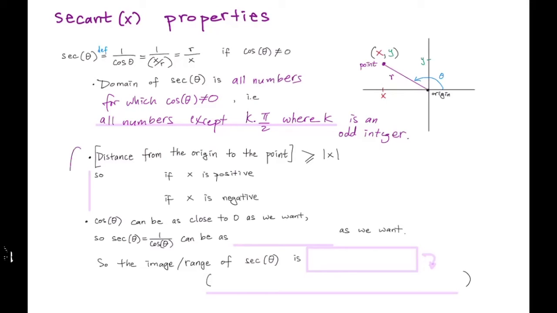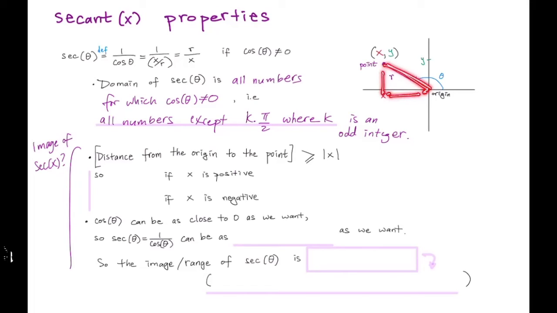So next, let's look at what is the image of secant. Let's reason this out. So the distance from the origin to the point, like if you look at this picture, this distance is always going to be bigger than or equal to the horizontal distance from the origin to this x value.